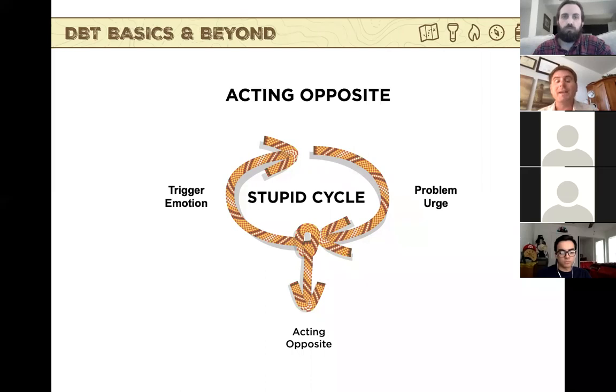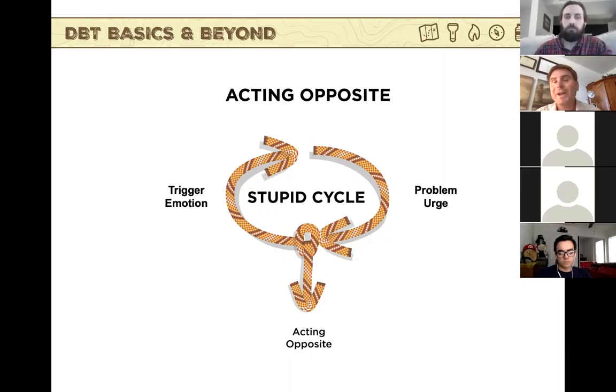What's problematic is the urge, right? Sometimes when our emotions reach intense levels, our urge is to do something, like I mentioned, destructive. And the problem with that is the more we act on that urge, the more we amplify our emotions, which then further exacerbates the urge, and then it's just round and round and round.